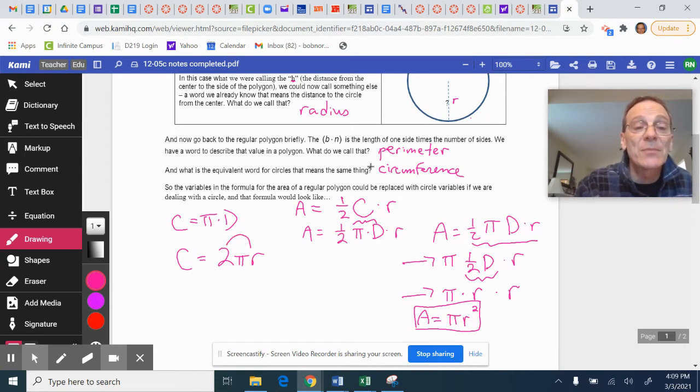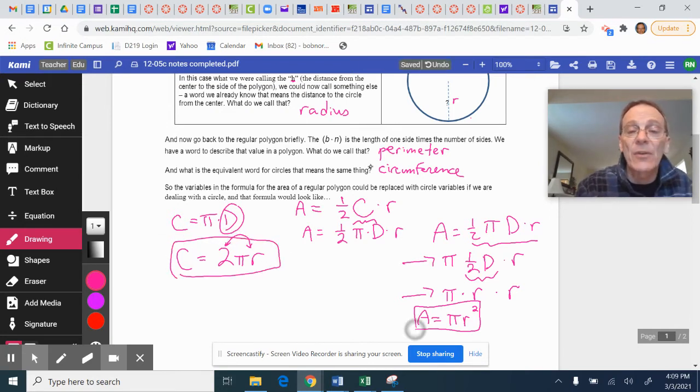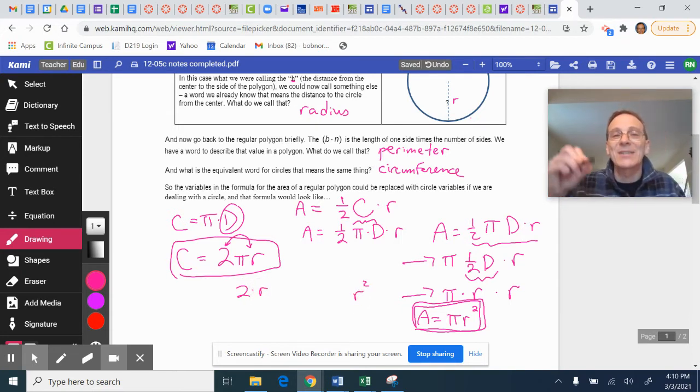Because 2 times a radius is equal to 1 diameter, right? But look, this circumference formula and this area formula are really importantly different, okay? 2 times r is not the same as r squared, which is r times itself, or r times r. That's not the same as r times 2, okay?